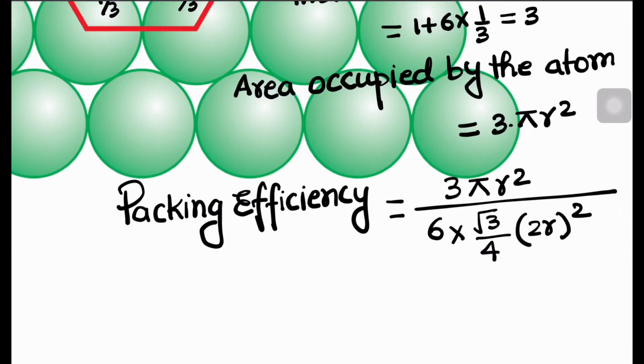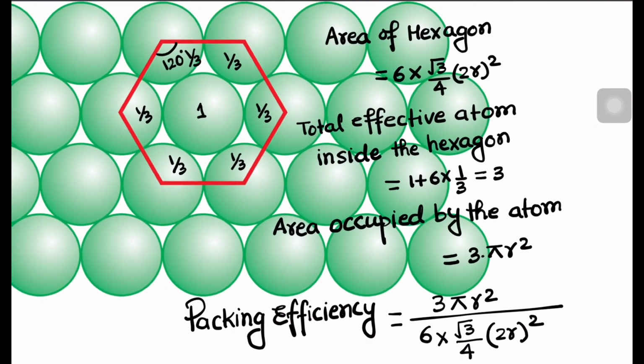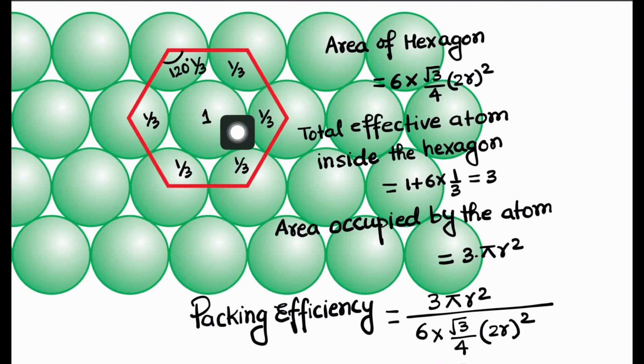Now we have to simply simplify that. After simplifying, this comes to approximately 0.907, or approximately 90.7% of the area of this hexagon is occupied by the atoms. So that is the packing efficiency area wise for this hexagonal close packing.